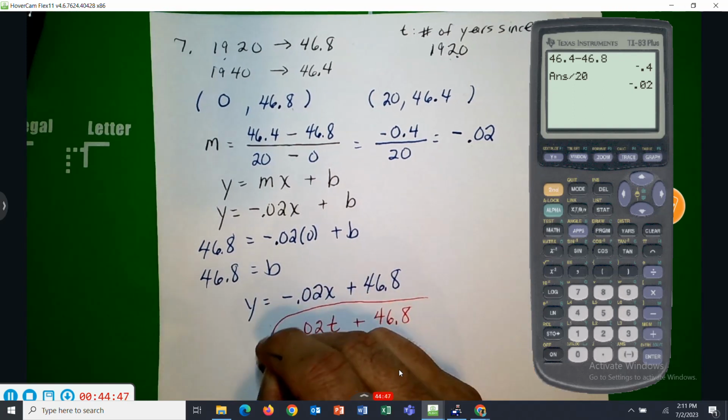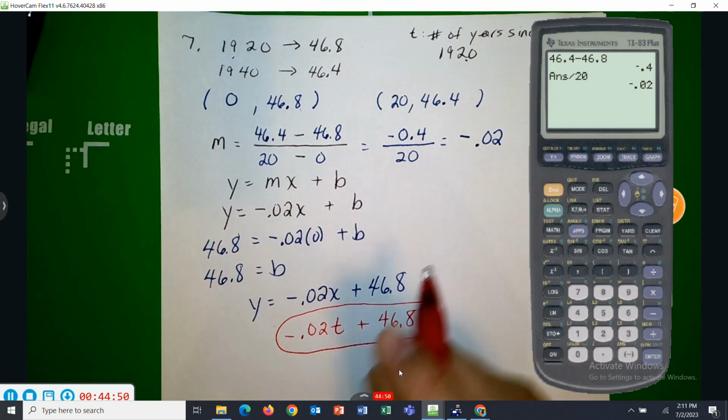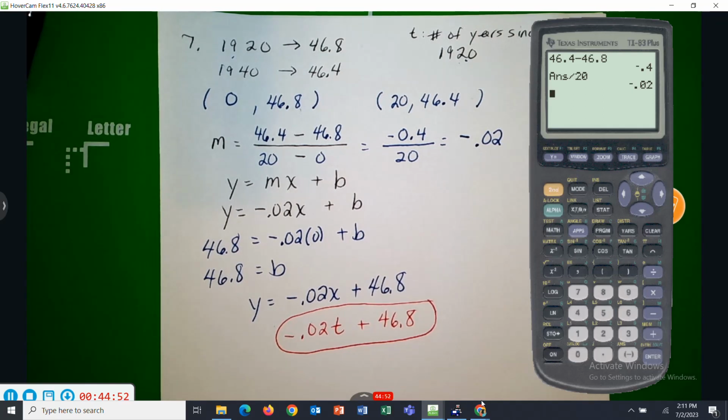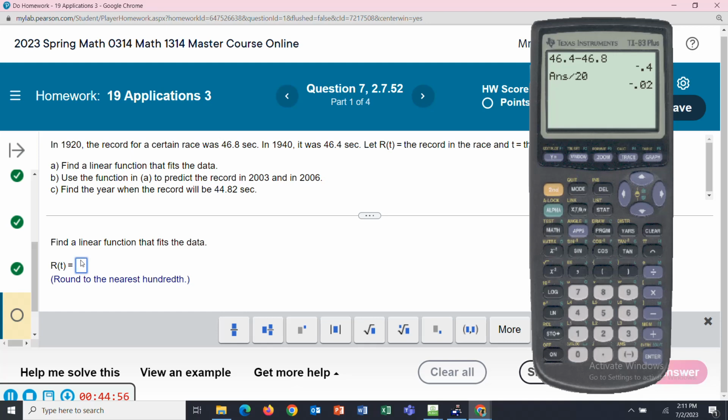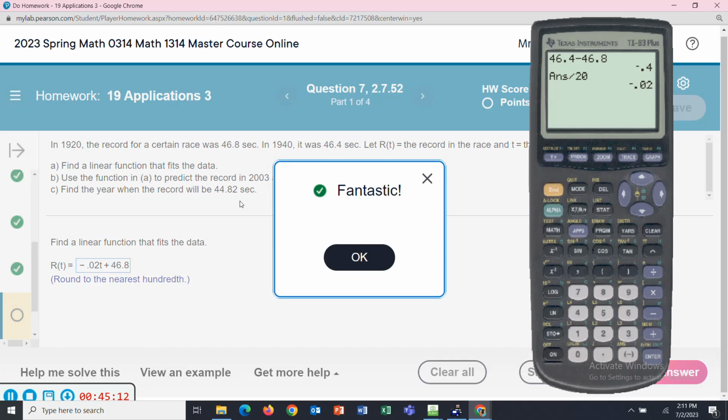That's what I'm going to type in. Okay, negative 0.02t plus 46.8.